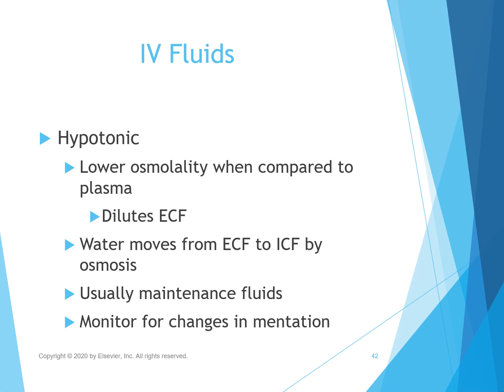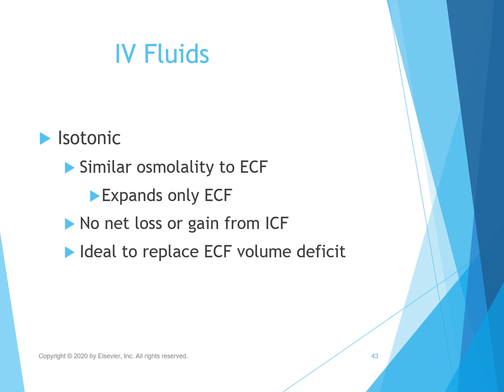0.45 normal saline, half normal saline. Isotonic IV fluids would be considered lactated ringers and normal saline, and these are similar in osmolality to extracellular fluid, so there's no net loss or gain from these. It is important that you recognize that LR and normal saline are considered your isotonic fluids.